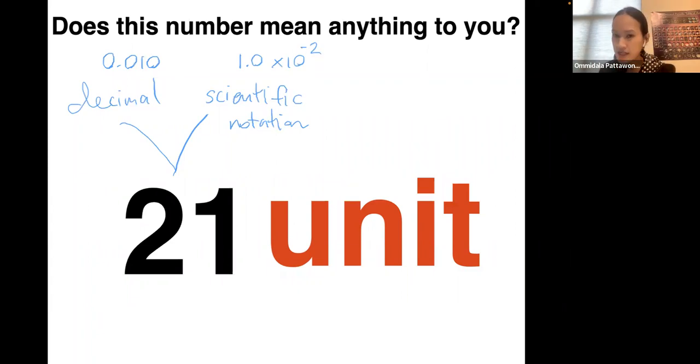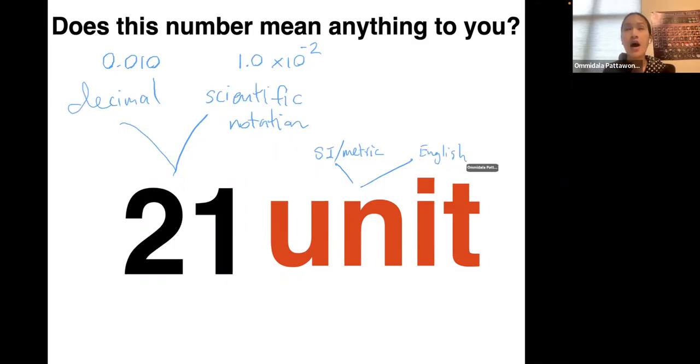Okay, so now the unit that you are going to take a look at would be the international standard unit, or the SI unit, which is similar to the metric unit. Another one you are going to see is going to be the English unit.